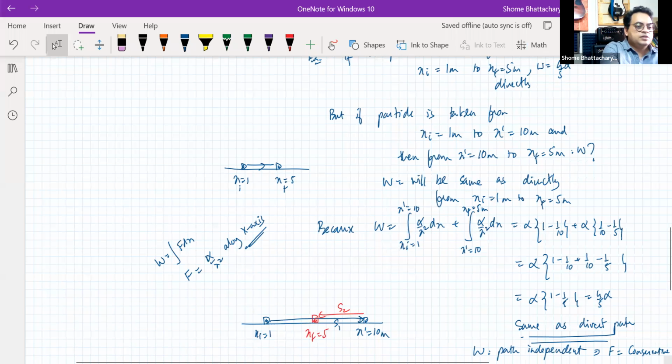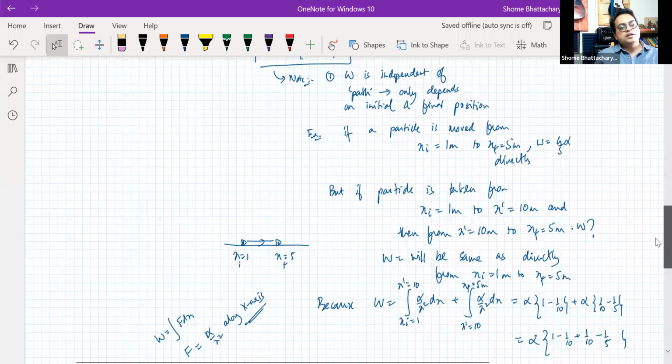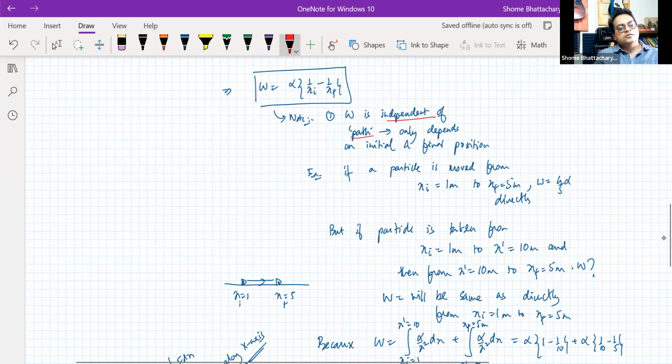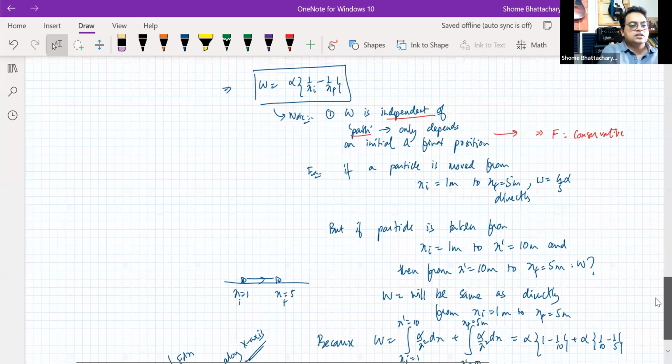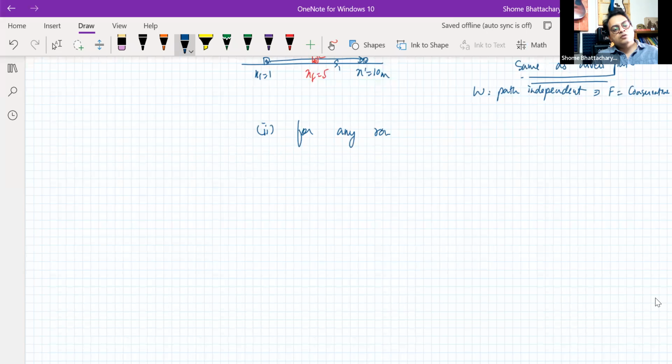Now, once we have understood this, that we've been able to show that the work done is independent of path, and therefore this implies that the force is conservative. Another thing we can do to reinforce that same statement, a stronger proof that it is conservative, is that for any round trip, x initial should be equal to x final.